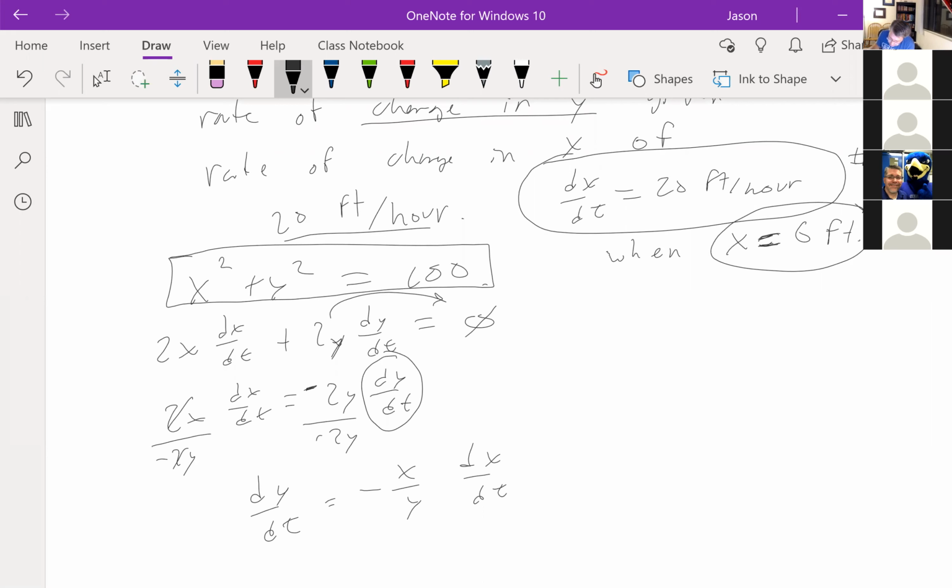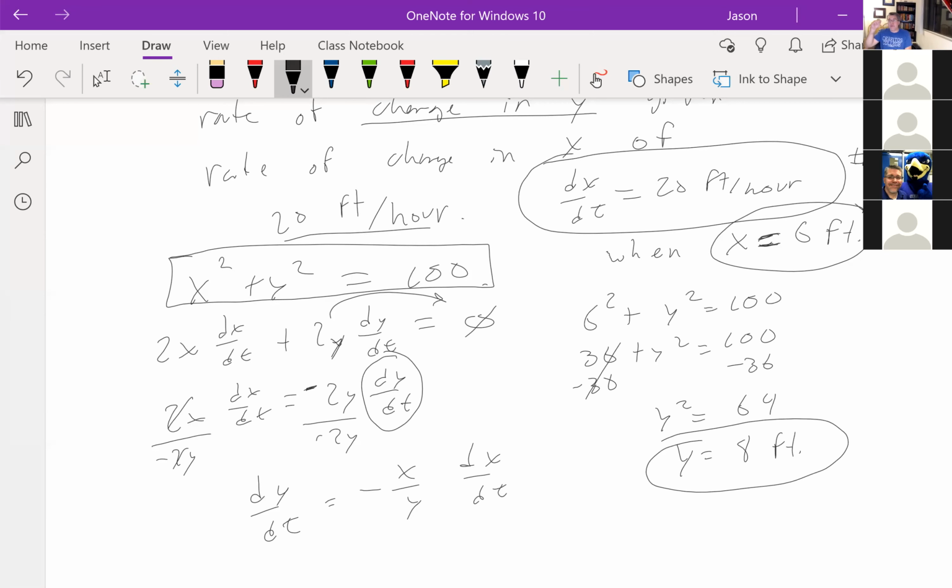Don't we have x squared plus y squared equals 100? So we have 6 squared plus y squared equals 100. This is 36 plus y squared equals 100. Subtract 36. y squared equals 64, so y is equal to 8 feet.